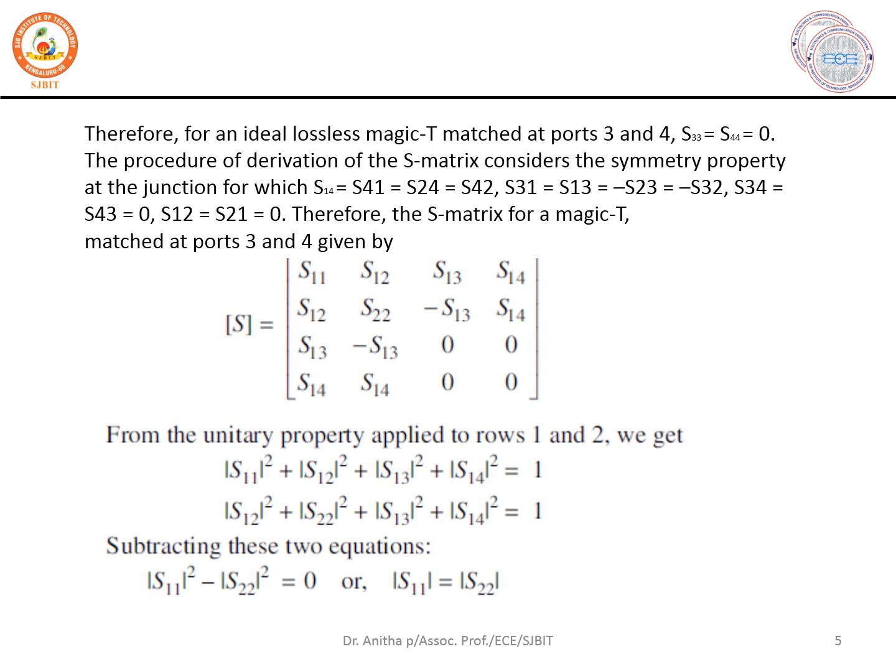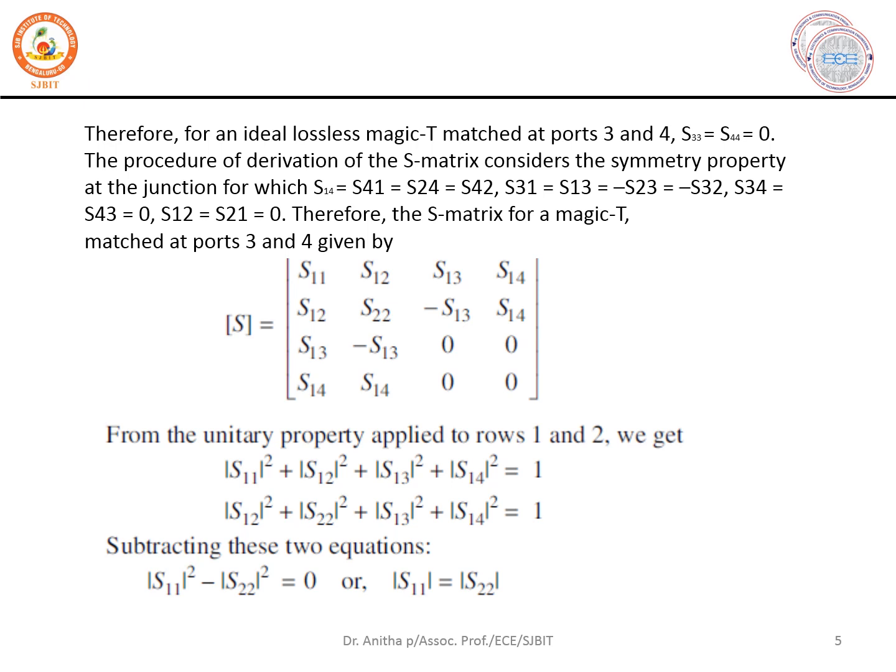So you can write the S matrix by substituting all these values. The first row values are the same, S12 is the same as S21 due to symmetry, and S23 is the same as minus S13. Then S24 is the same as S14.